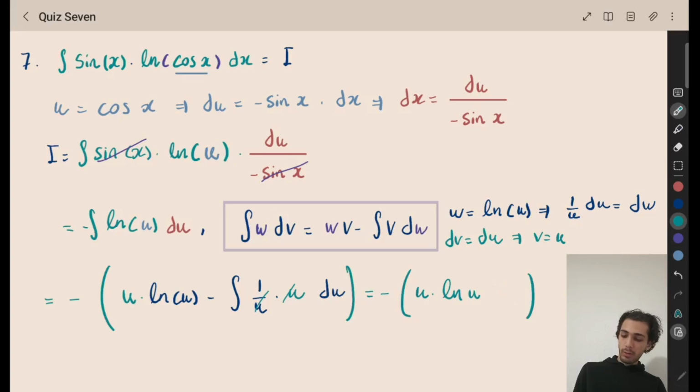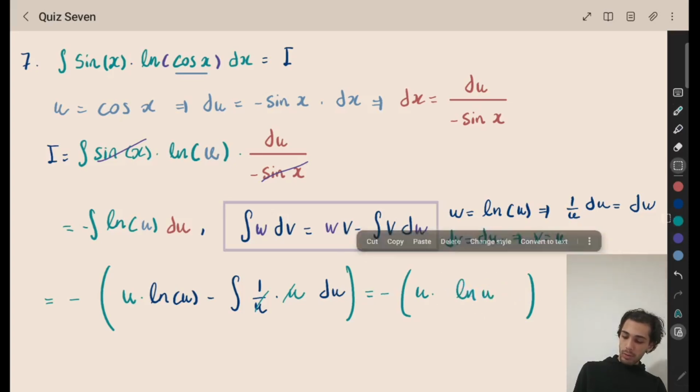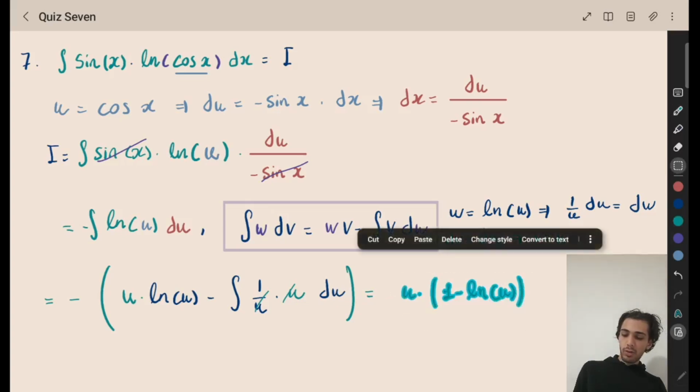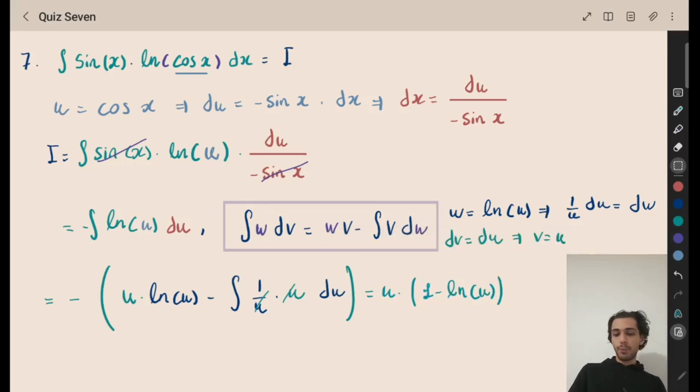Maybe I'll factor out the u. I'll get ln of u minus 1. And since there's a minus sign on the outside, maybe I'll write 1 minus ln of u. So I just switch the terms.